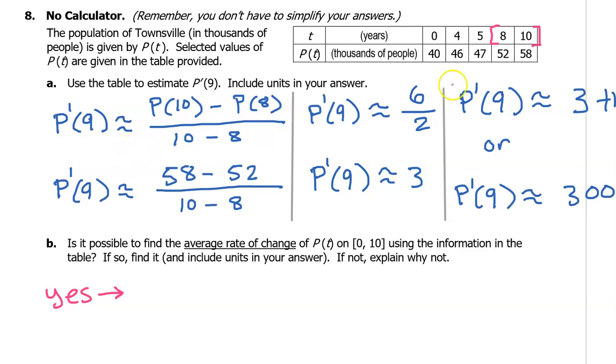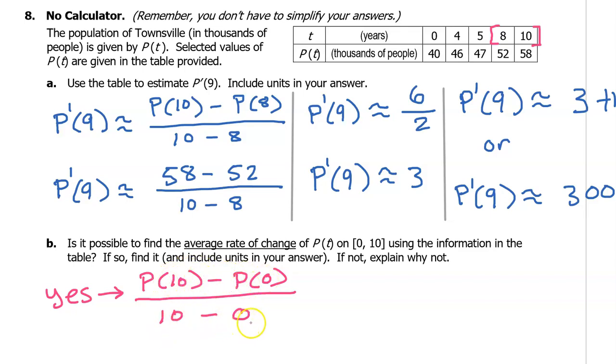And what we found was that the average rate of change is just the slope of the secant line. So if we want the average rate of change on the interval from 0 to 10, we are going to find P of 10 minus P at 0, over 10 minus 0. It's sort of like y minus y over x minus x.